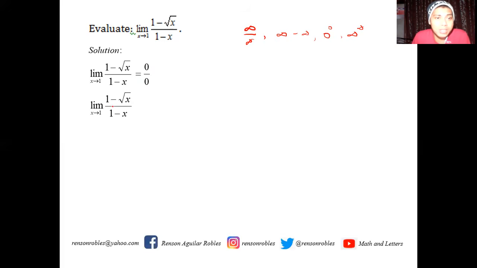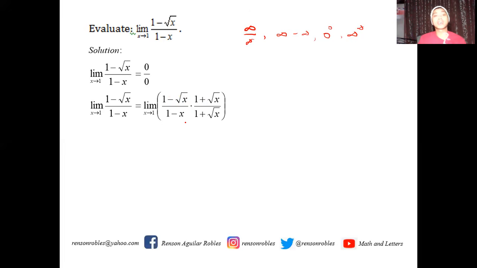We need to avoid this 1 minus x because this 1 minus x gives 0 when x equals 1. So what I'm going to do is I will rationalize the numerator. Okay? And that is obtained by multiplying both the numerator and denominator by the conjugate of the numerator. The numerator is 1 minus square root of x, and the conjugate of 1 minus square root of x is 1 plus square root of x.